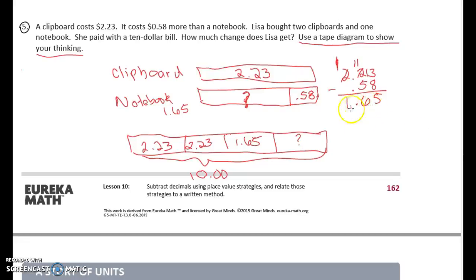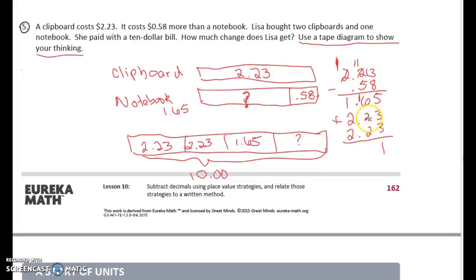So now we're going to say this $1.65 is her notebook. We're going to add to that. Here's one clipboard. Here's another clipboard. So we'll find out how much all this costs all together. So 5, 6, 7, 8, 9, 10, 11. 11, we've got something that's in the next place value then.